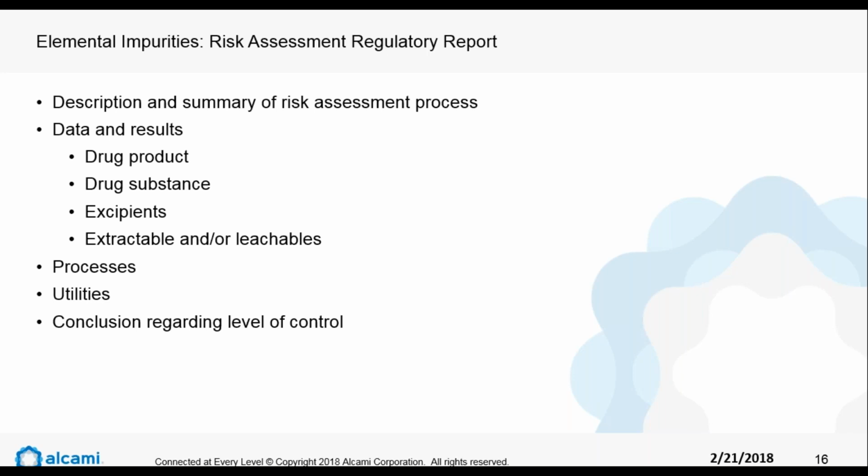It's also going to draw a conclusion at the end. So if we did see something that was above that control threshold, at that point we can say either that the element needs additional controls, or if we've already done a validation and have a validated test procedure, we can actually put that in the conclusion as well. So it's very customizable, and we found it to be very helpful.